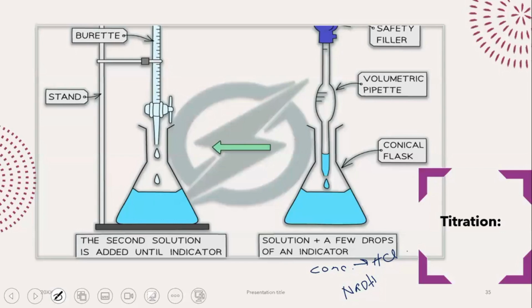I'll do a titration. You will fill up the conical flask with the known solution. So the known solution is sodium hydroxide. We know the concentration of sodium hydroxide, so you'll fill that up in the conical flask. The burette, we will fill up with the unknown. So we don't know the concentration of the acid, I'll fill it up in the burette.